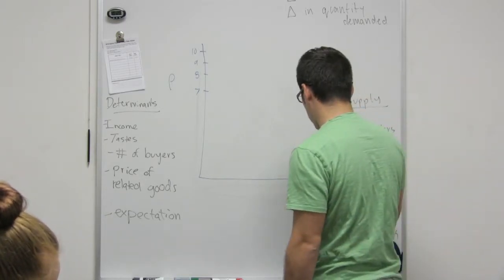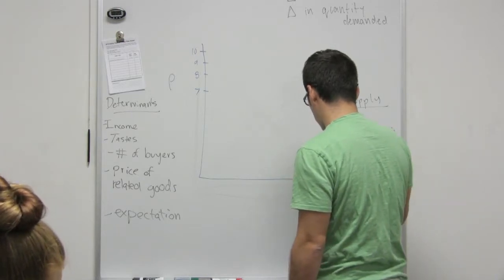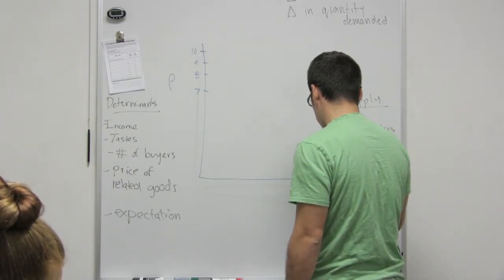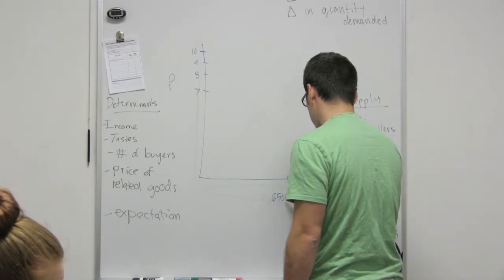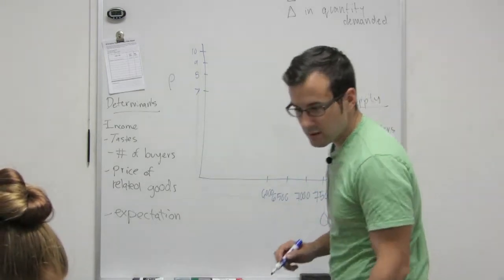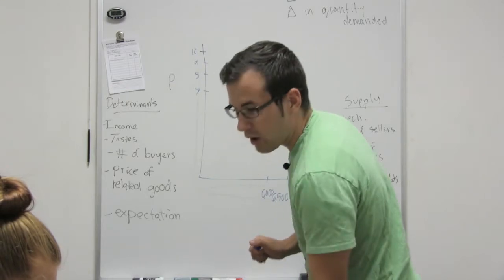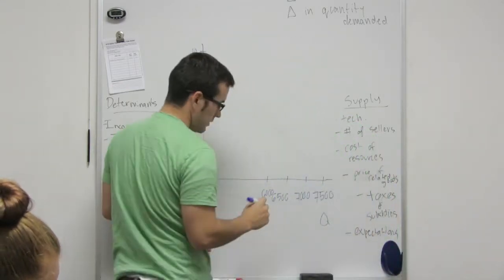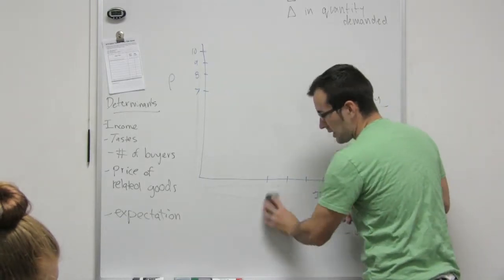If you were to split that up, so 7,000, 6,500 and 6,000. Are those the only three quantities? No, it goes all the way down to 3,000. I'm making this graph too.